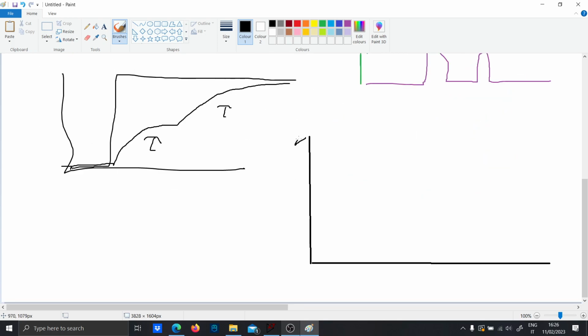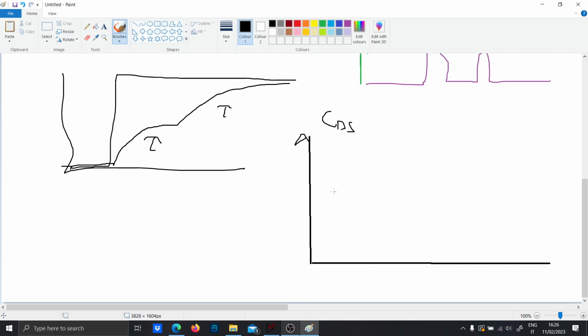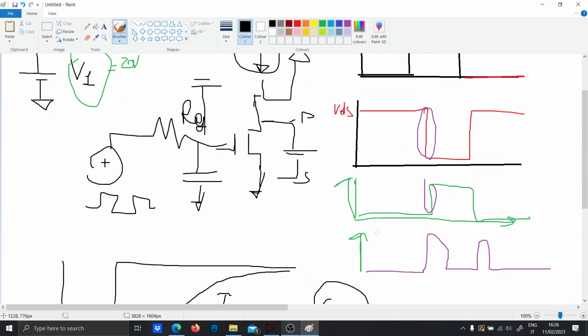In particular, there is a nonlinear capacitor called CDS, which is the capacitance between the drain and the source. This capacitor can assume two kinds of values with respect to the applied voltage VDS. This is the reason why you will see two different increases, because tau 1 will be different from tau 2 here, because the value of the CDS has varied between CO1 and CO2 basically.